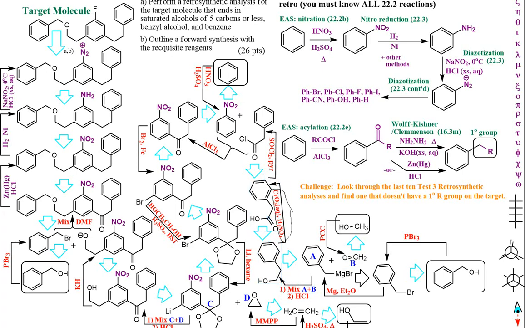Gives this homobenzylic alcohol, which when oxidized with chromic acid in this form or the potassium dichromate form, gives this homobenzoic acid, which reacts with thionyl chloride and pyridine to give homobenzoyl chloride, which when reacted with nitrobenzene, a meta-director, in the presence of a Lewis acid catalyst, aluminum chloride right here, gives this species right here.